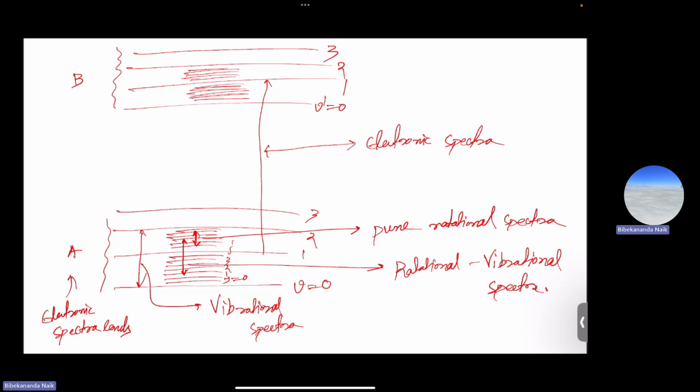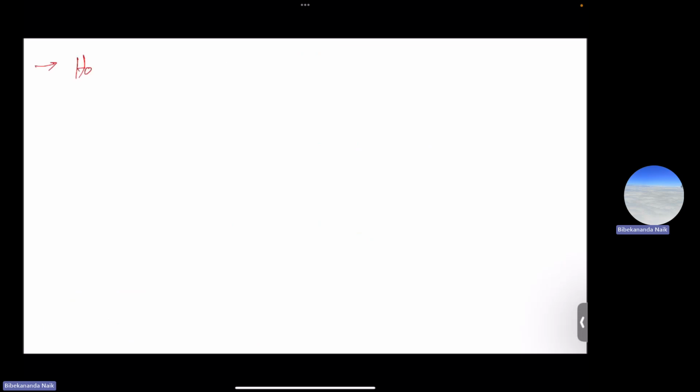Now if you talk about diatomic molecules, there are basically two types: one is homonuclear, and another is heteronuclear. Homonuclear means diatomic molecules which don't have a permanent dipole moment, meaning their positive and negative centers of charge coincide with each other.